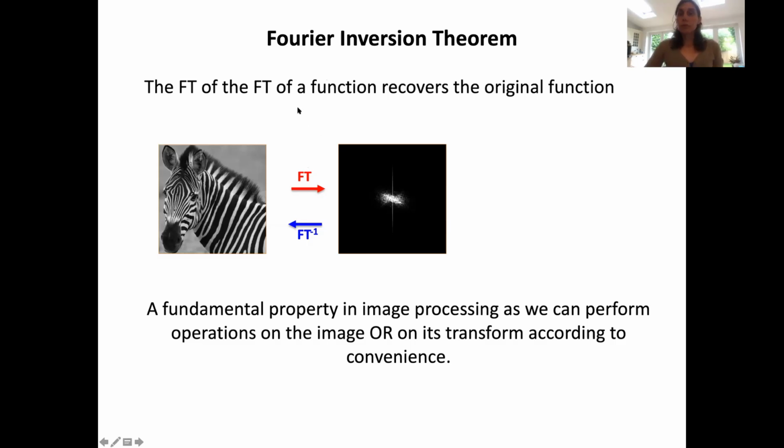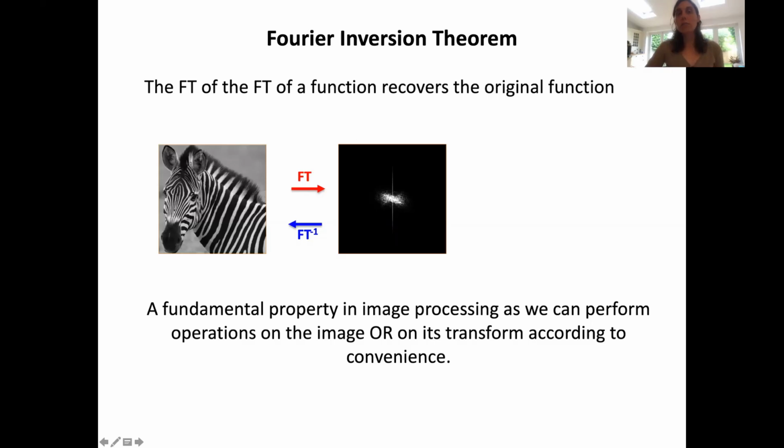One important property of Fourier transforms is the Fourier inversion theorem. This states that the Fourier transform of a Fourier transform of a function recovers the original function. So this basically means that I can transform this zebra and then obtain a transform, and I can transform this transform and I obtain the zebra.